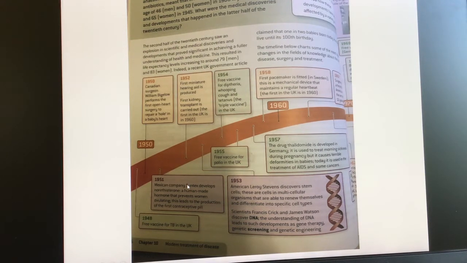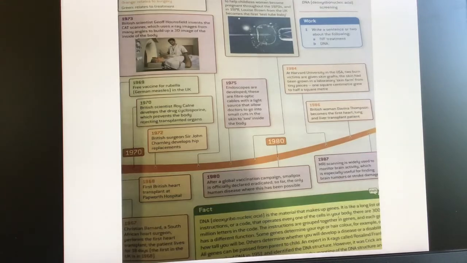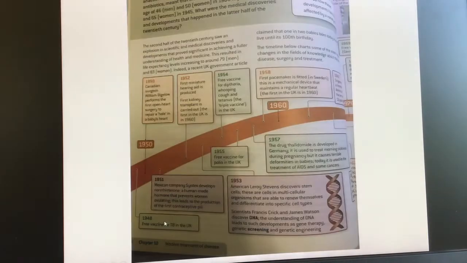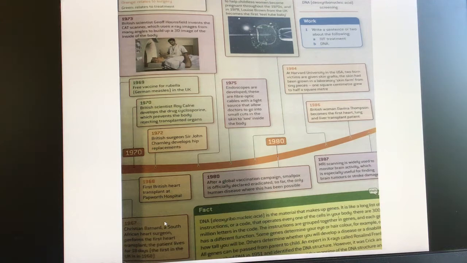If we move forward, we can have a look closely at what relates to surgery, the orange ones there. You can see that we've got heart transplants happening now, and heart surgeons working closely on that. So that's a big replacement.